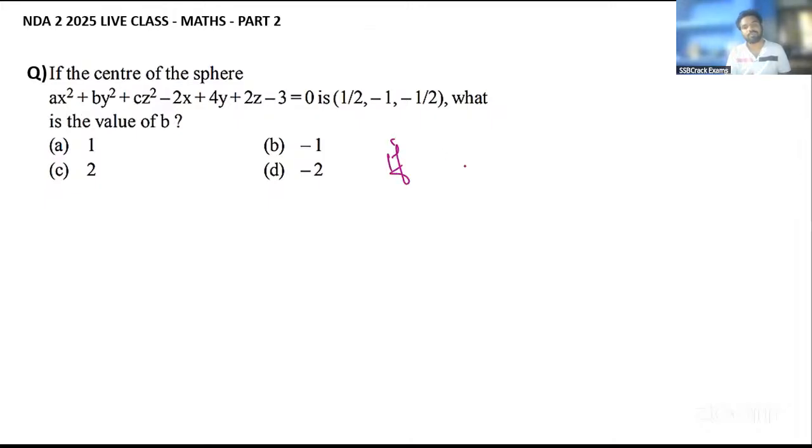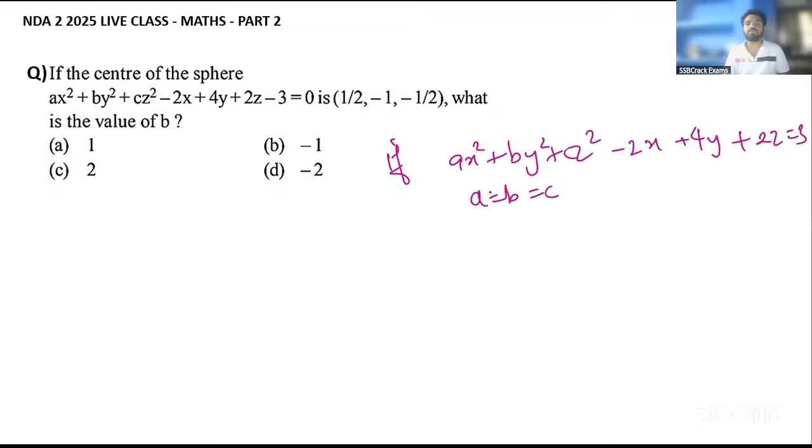If ax square plus by square plus cz square minus 2x plus 4y plus 2z is equal to 3, and if this is a sphere, then a is equal to b is equal to c. So you can replace a, b, c by a single term, maybe a.